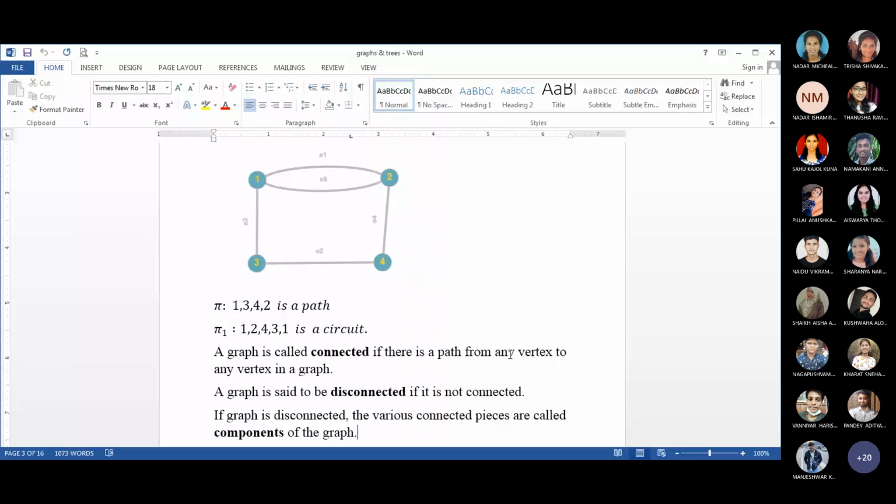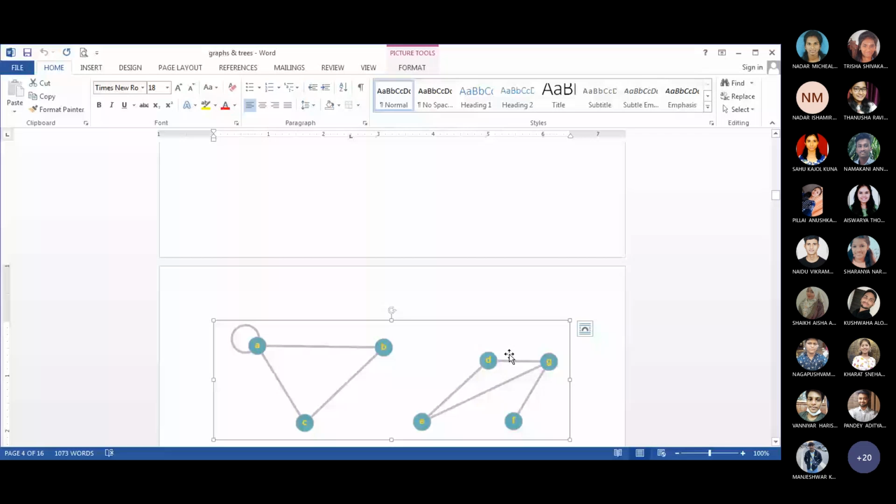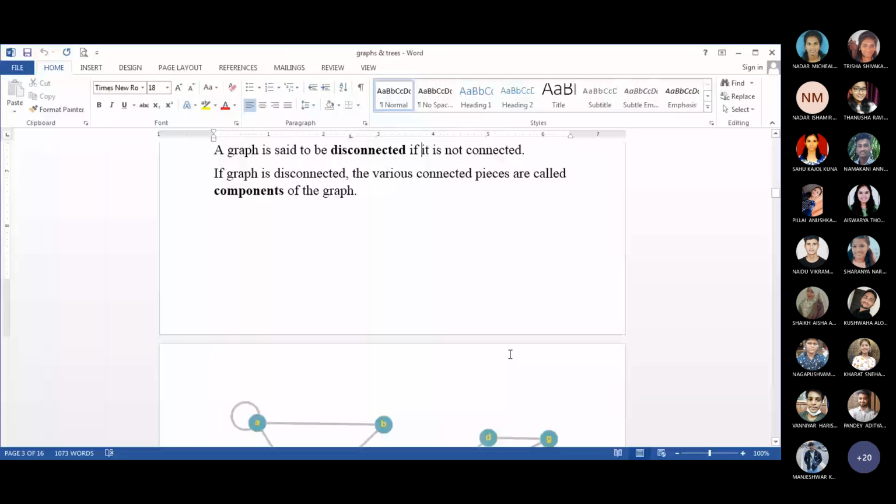Okay, if we have a disconnected graph, then the various pieces of the disconnected graph are said to be the components of the graph. Various connected pieces of a disconnected graph are known as components of a graph.